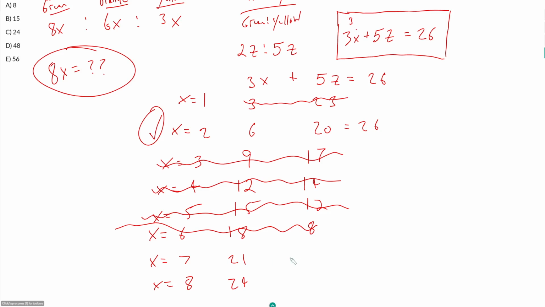x is equal to 7. 3x is 21. This is 5. So this works when z is equal to 1. 5z is equal to 5. And I'm guessing this guy here will not work. 5z cannot be equal to 3.